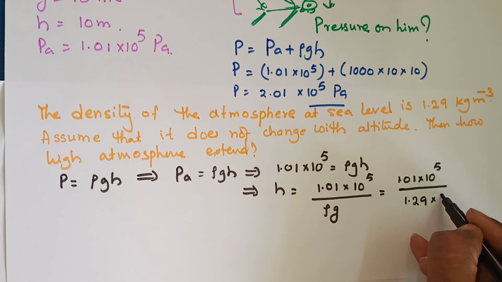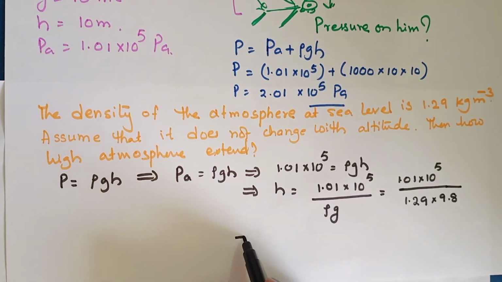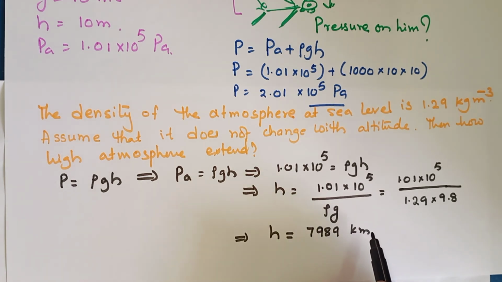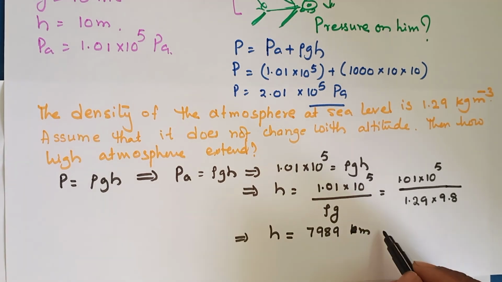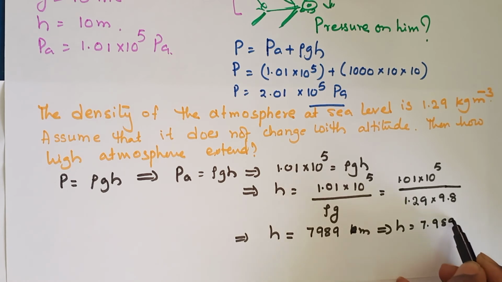Approximately I am taking g as 9.8. After doing the calculation, you get height h equal to 7,989 meters, which is approximately 8 kilometers, right?